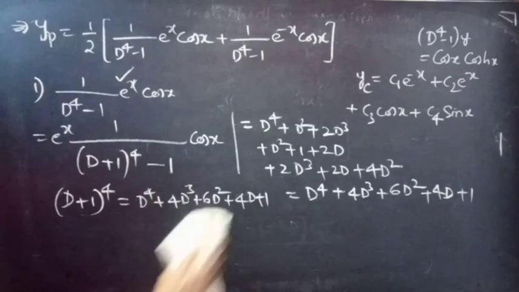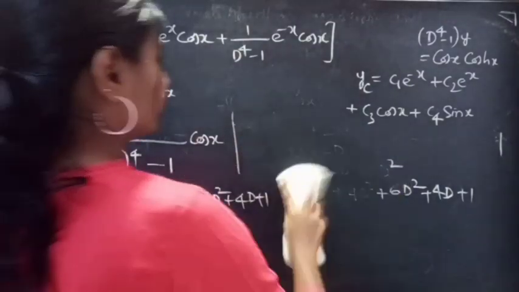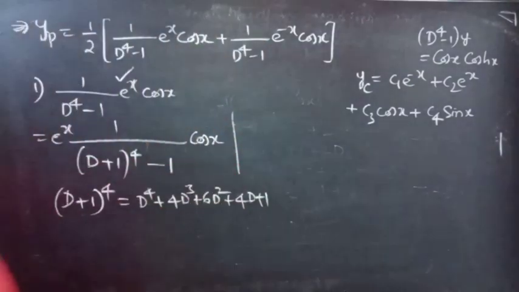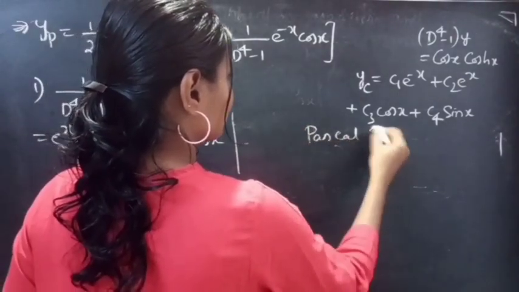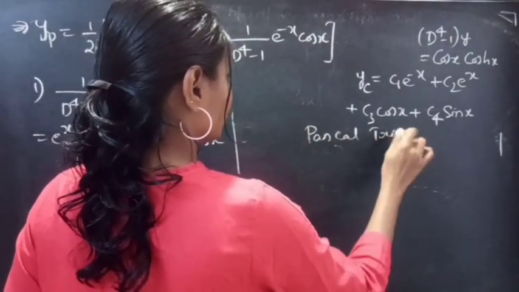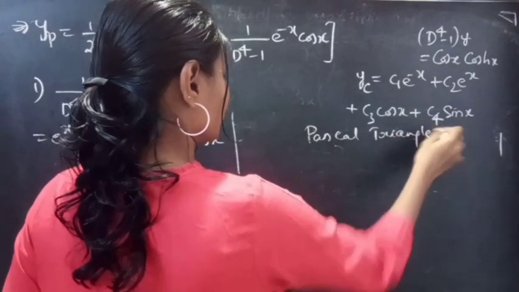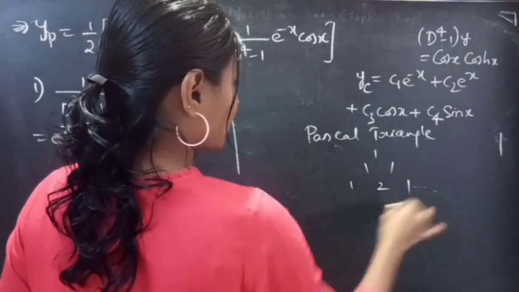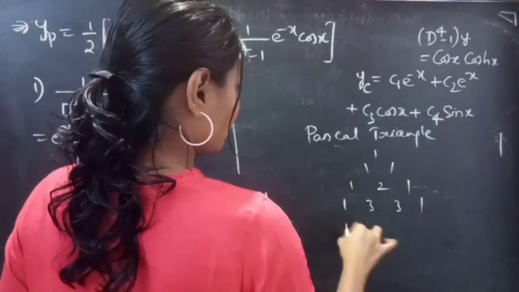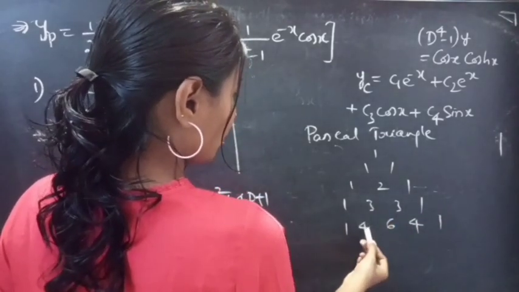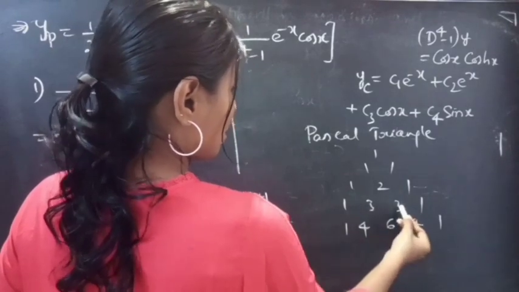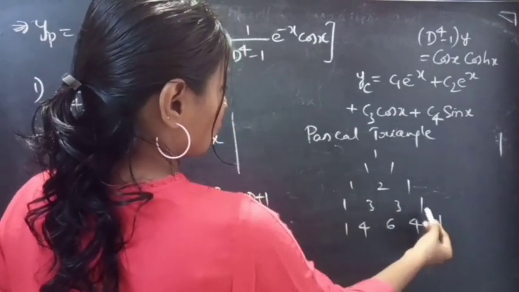Or we can use Pascal triangle. One, 1 1, 1 2 1, 1 3 3 1, 1 4 6 4 1, 1 plus 3 4, 3 plus 3 6, 3 plus 1 4, 1.